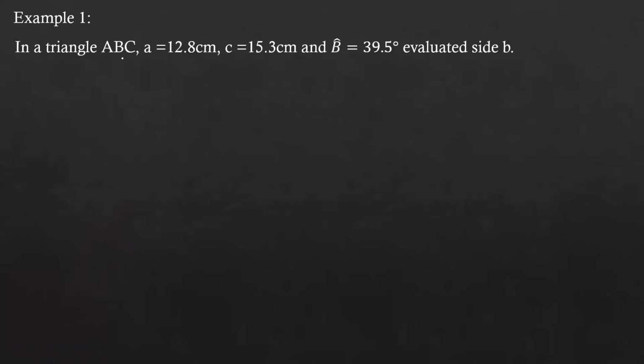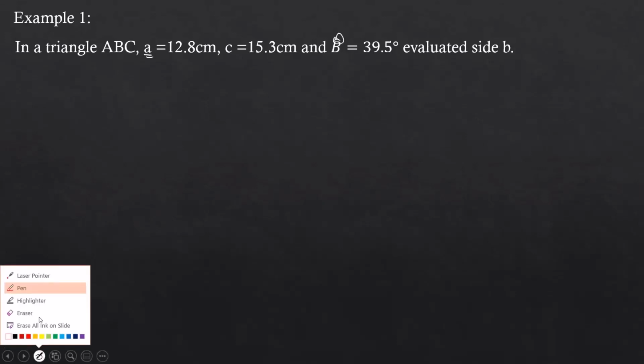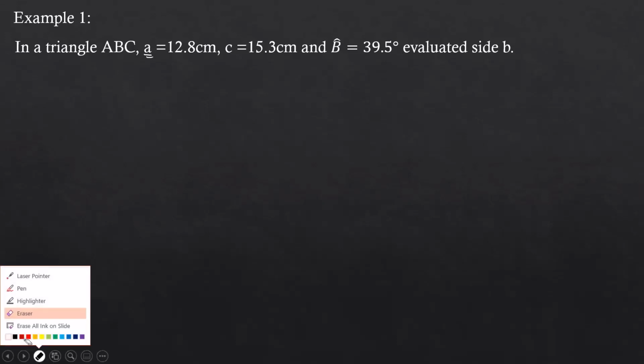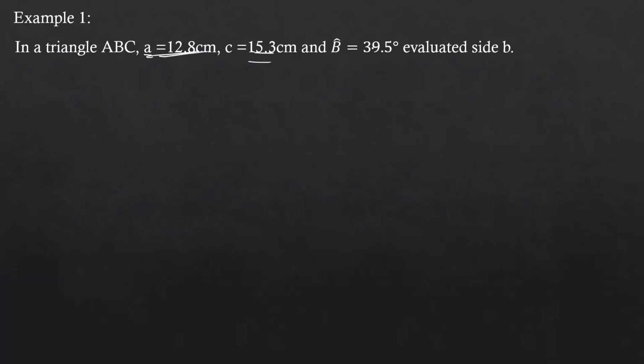In a triangle ABC, a is equal to, and this is a lowercase a, pay attention to that, well, you know it's not an angle because it's a length here, 12.8 centimeters. c is equal to 15.3 centimeters, and the angle B, this hat tells us it is an angle, is 39.5 degrees. Evaluate the side b. So we have two sides and an angle.